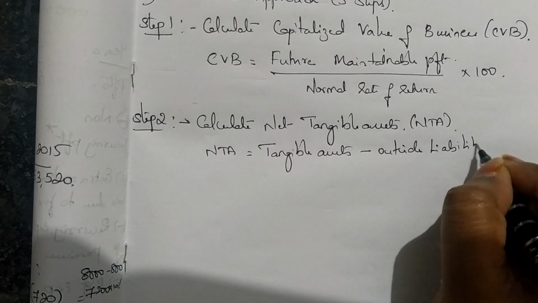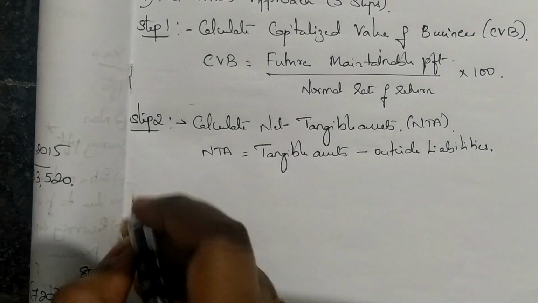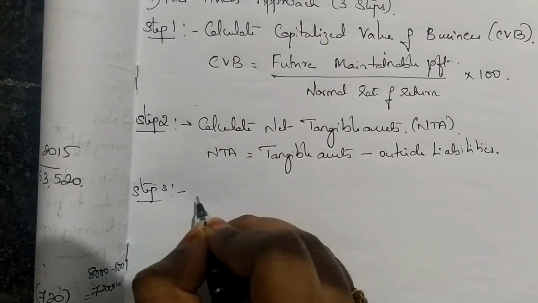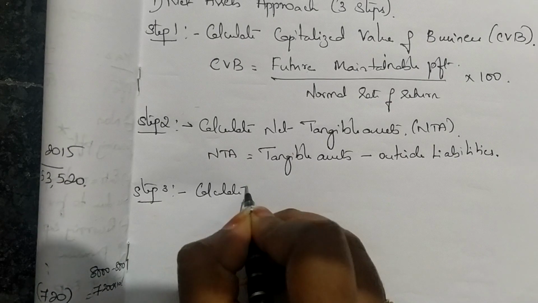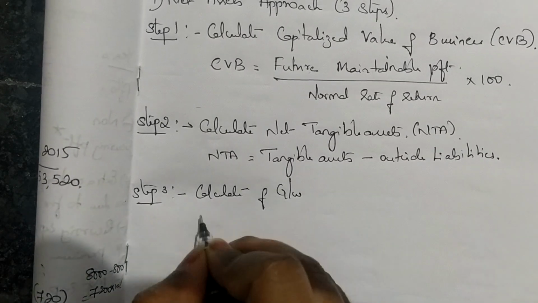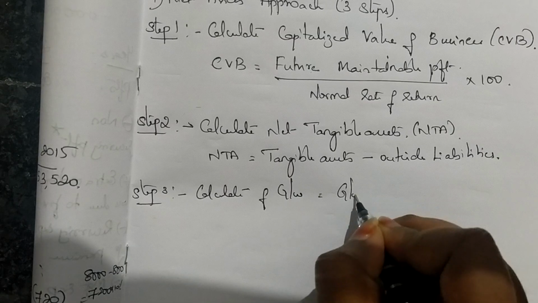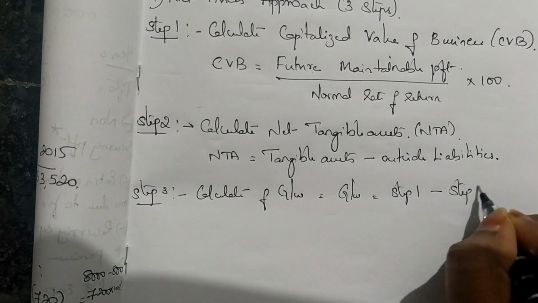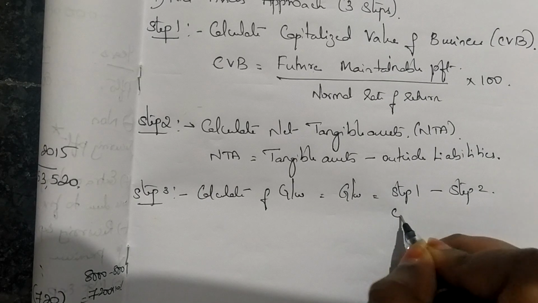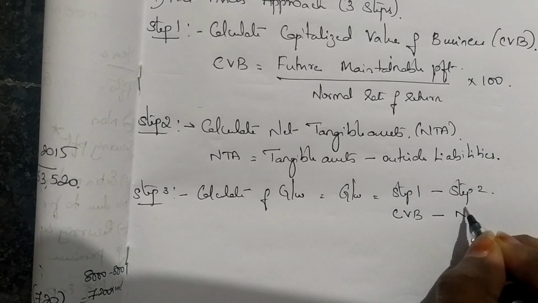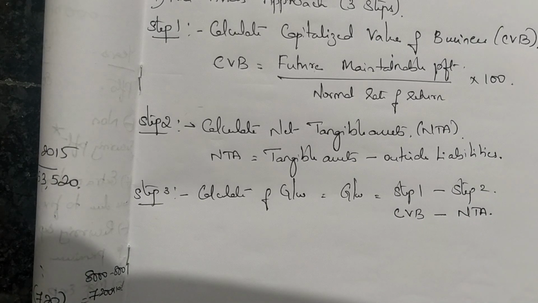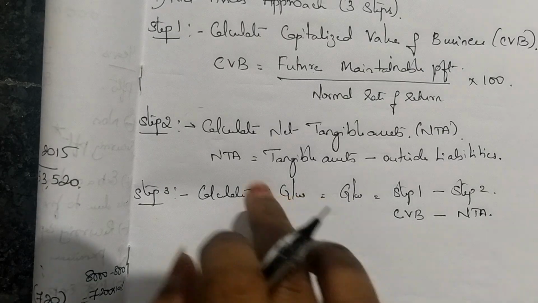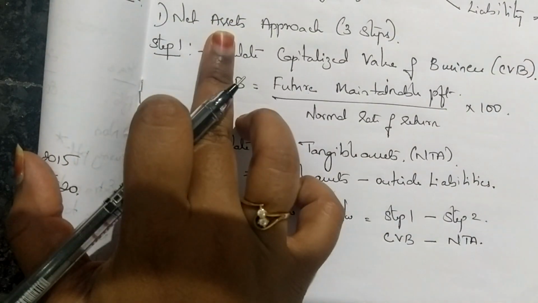That is step number 2. Step number 3 is the actual calculation of goodwill. Here your goodwill will be step 1 minus step 2. That is, CVB minus NTA will give you the value of goodwill. So these 3 steps you have to follow if the problem is asking you to do it under the net assets approach.